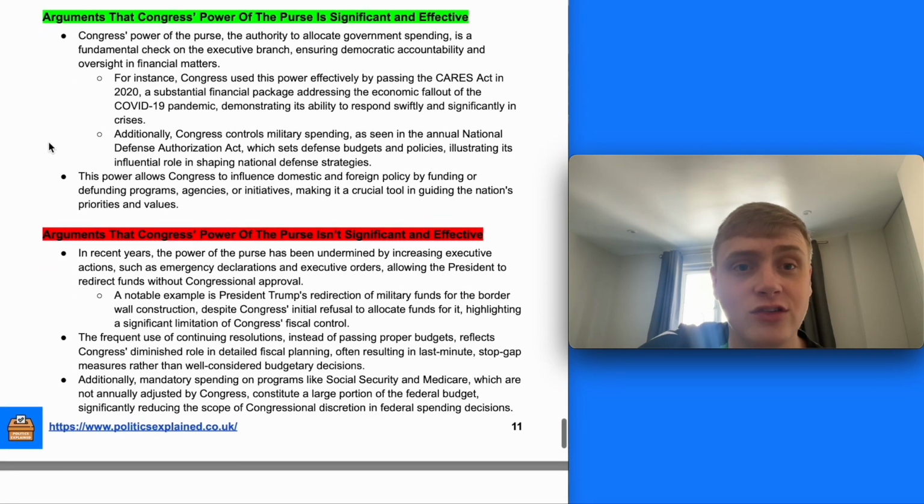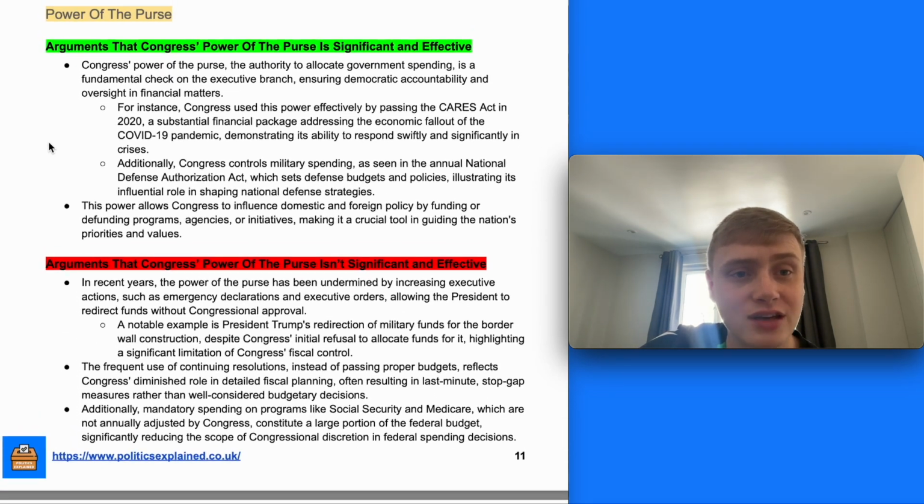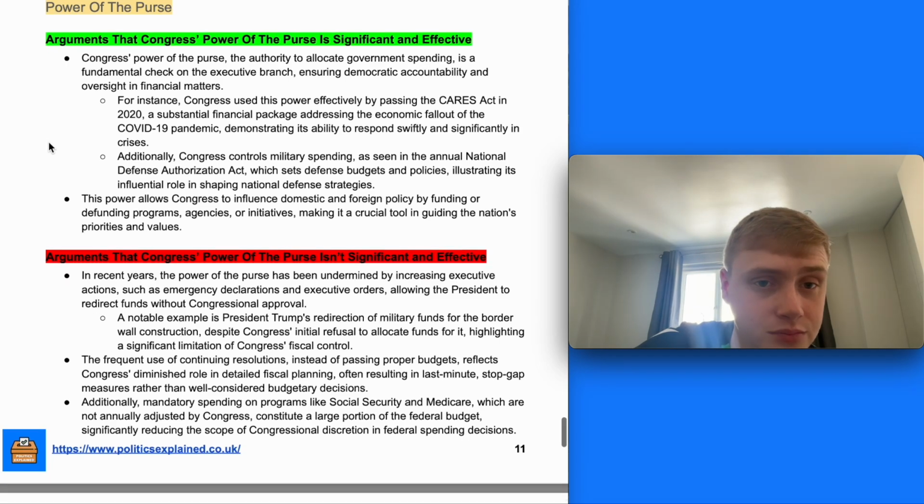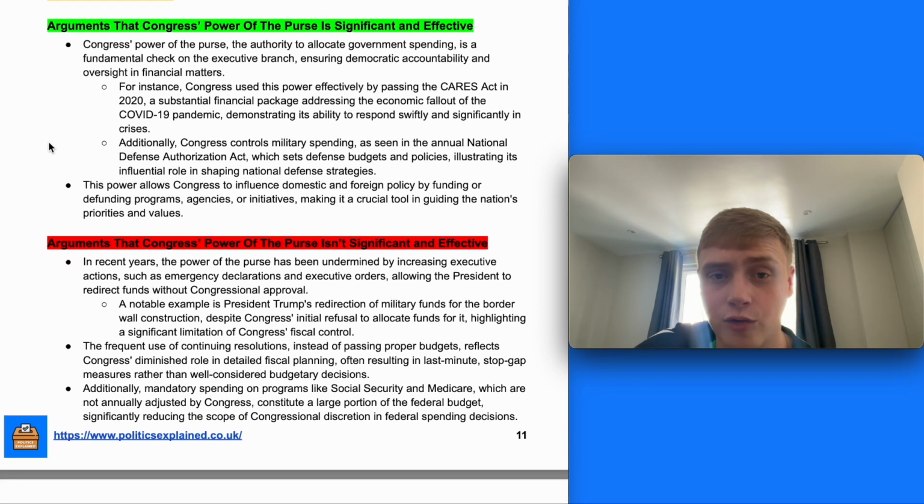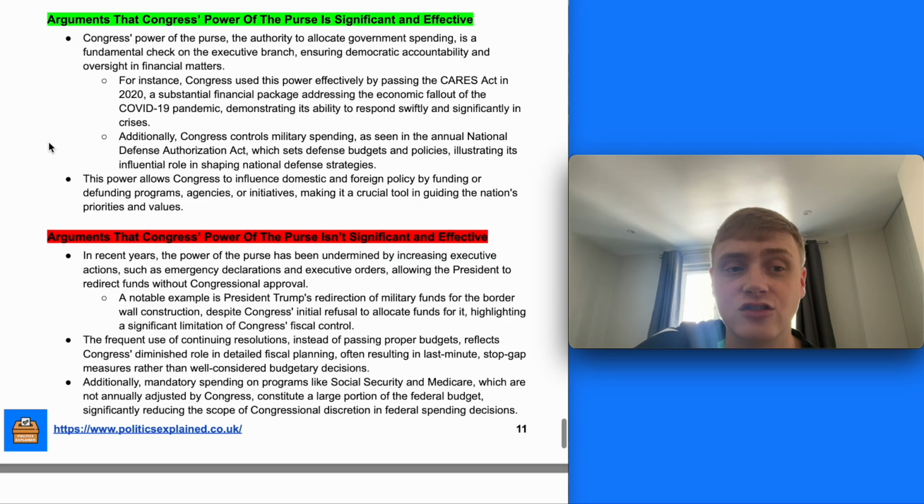For example, Congress used the power to pass the CARES Act in 2020, a substantial financial package addressing the economic fallout of COVID-19, and Congress also controls military spending, as seen in the annual National Defense Authorization Act, which sets defensive budgets and policies, illustrating its role in shaping defense strategies and foreign policy to some extent. So it allows Congress to influence domestic and foreign policy by funding or defunding programs, agencies, or initiatives, which makes it a crucial tool in guiding the nation's priorities and values and really checking the president.